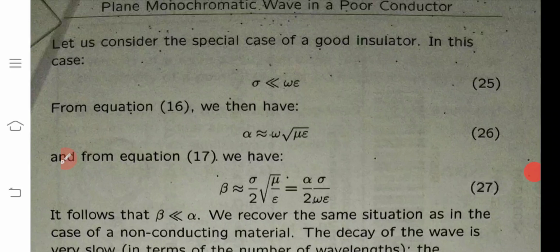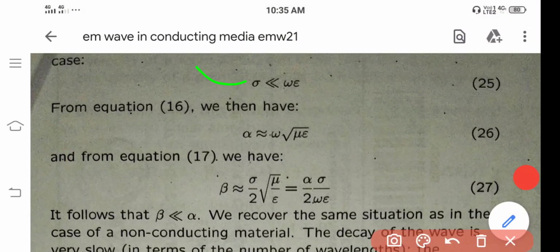Let us consider the special case of a good insulator. In this case, conductivity sigma is very much less than omega epsilon, and alpha is approximately omega root mu epsilon, and beta is approximately sigma upon 2 times root mu upon epsilon, that is alpha sigma upon 2 omega epsilon.